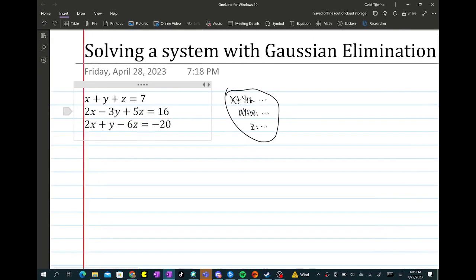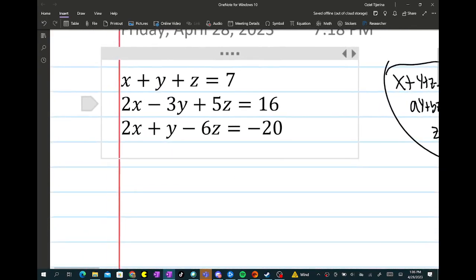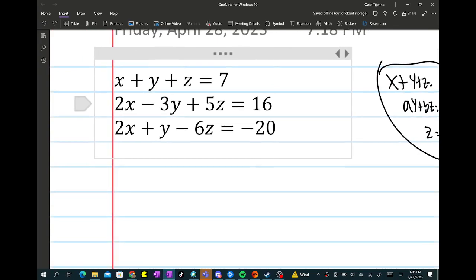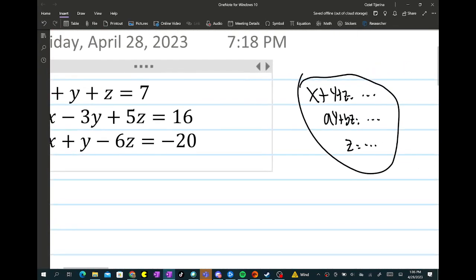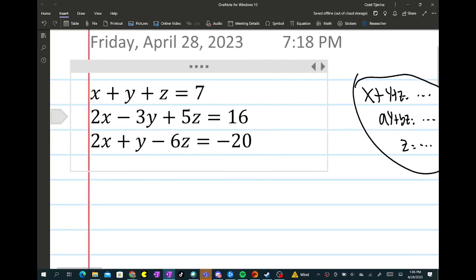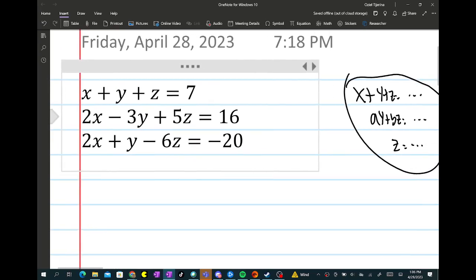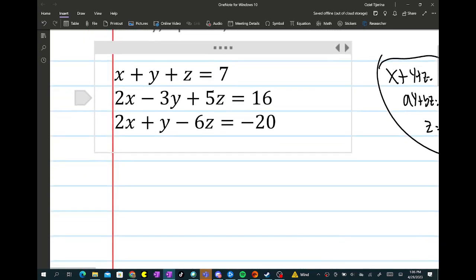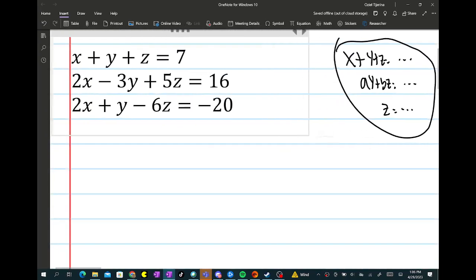So the first thing I'm going to do is eliminate my x variable, and whatever that elimination gives is going to go on my second equation.